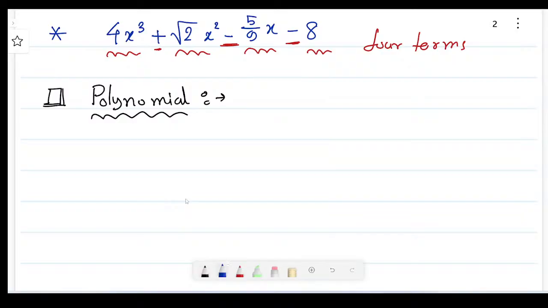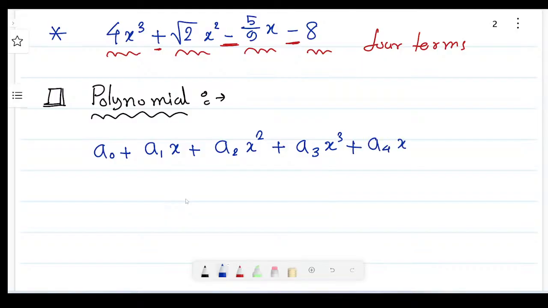So we took an expression like a0, a1x, a2x squared, a3x cube plus a4 x to the power 4 and so on, like ak x to the power k and so on.